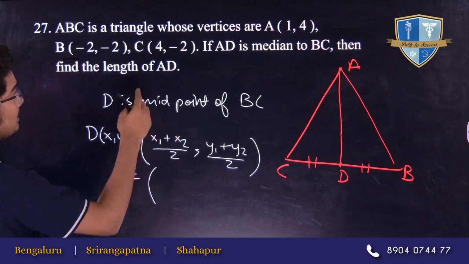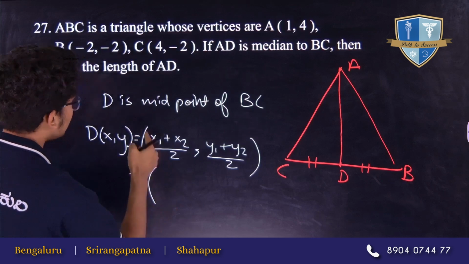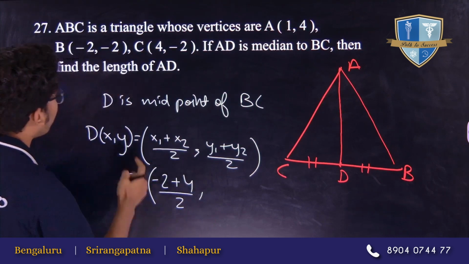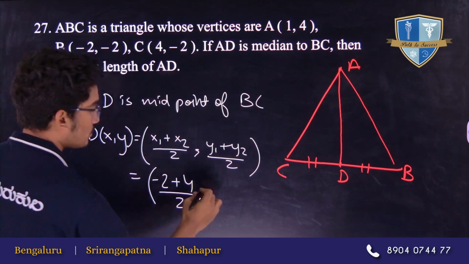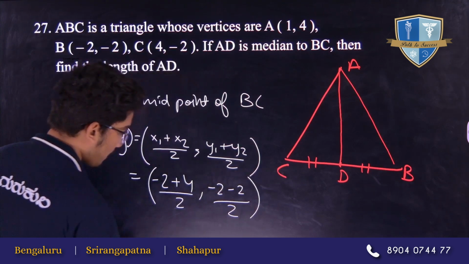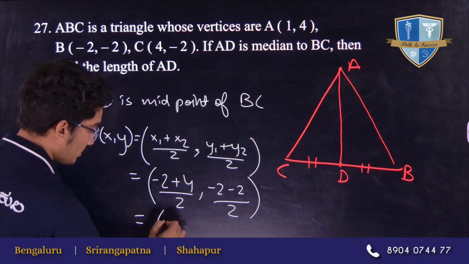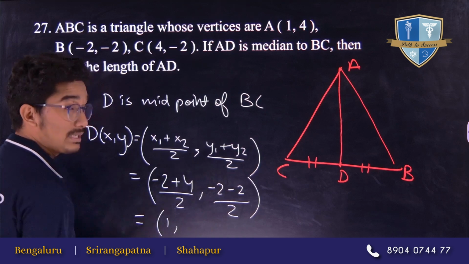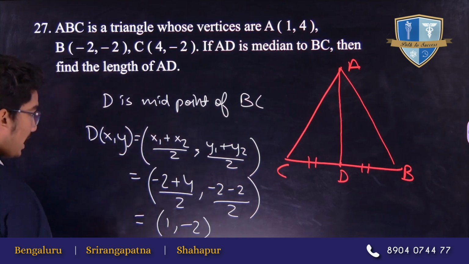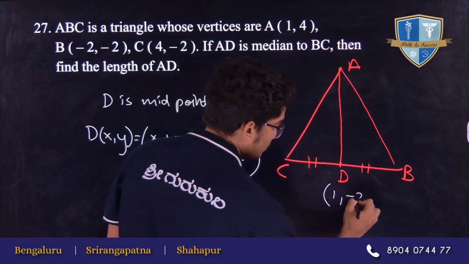So x1 is -2 and x2 is 4, divided by 2, and y1 is -2, y2 is -2. This becomes 2 by 2, which is 1, and (-2 - 2) by 2 becomes -2. So we have the coordinate of D as (1, -2).